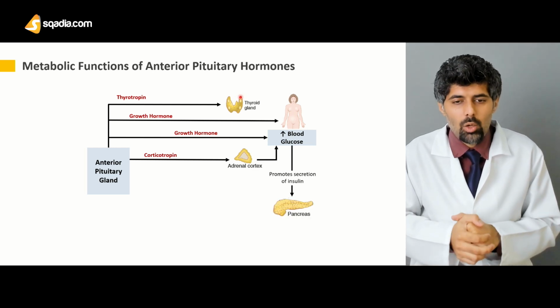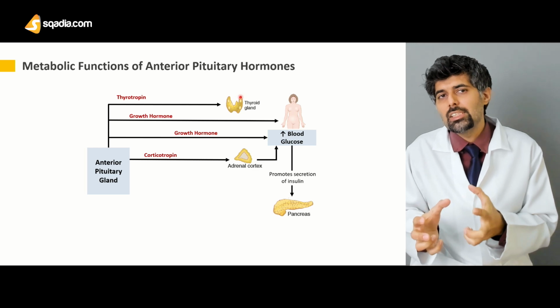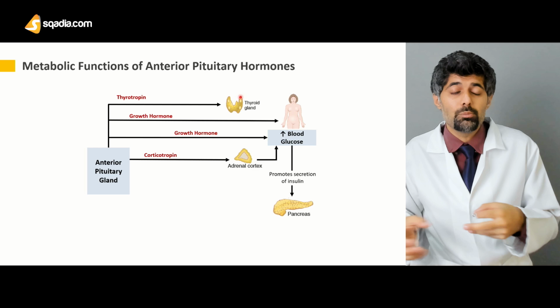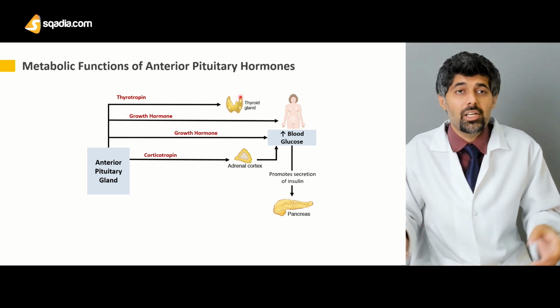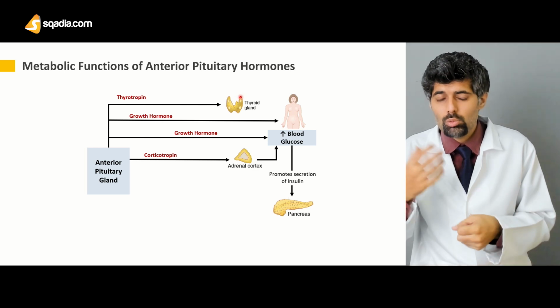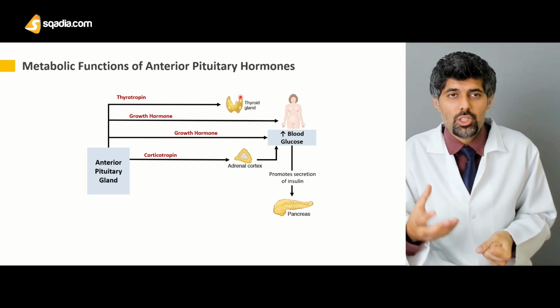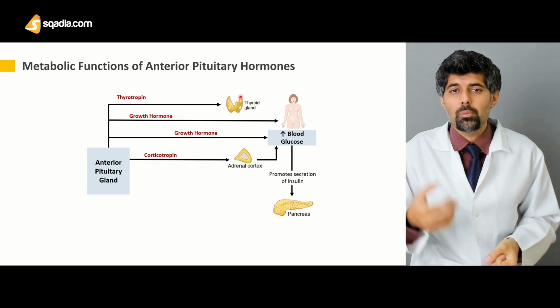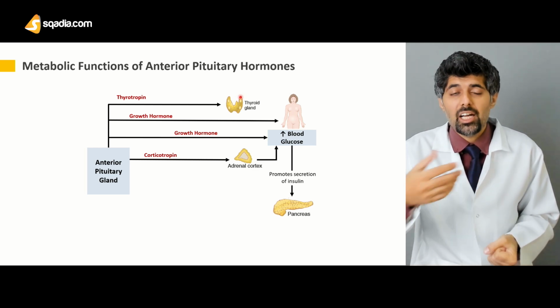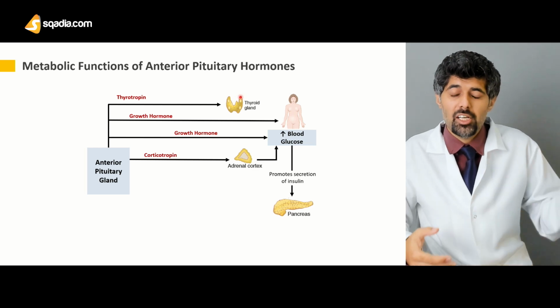Now, whenever there is an increase of the blood glucose, blood glucose increases because cells are dividing and differentiating at an exponential rate. So, the body needs more energy, and the energy is derived from the glucose. So, there is more glucose inside the blood as well as inside the cells.